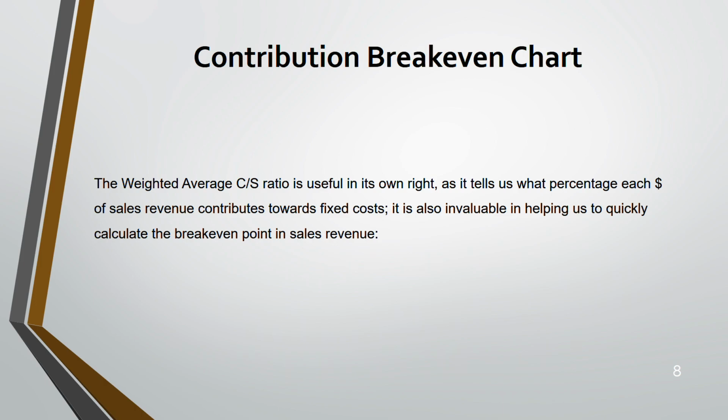Next, quickly you can calculate break-even point in sales revenue. It can be done very quickly. This is the formula. Break-even revenue is equal to fixed costs. It remains the same as for an individual product, except the denominator: from contribution to sales ratio, it becomes weighted average CS ratio. That is the only difference.